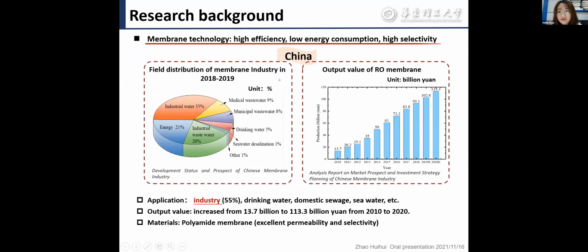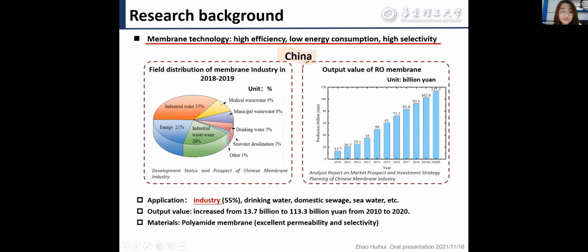Membrane technology is widely applied in wastewater treatment due to its high efficiency, low energy consumption, and high selectivity. And according to the field distribution of the membrane industry in China, we found that membrane technology was most used in industrial water treatment, accounting for nearly 55%.